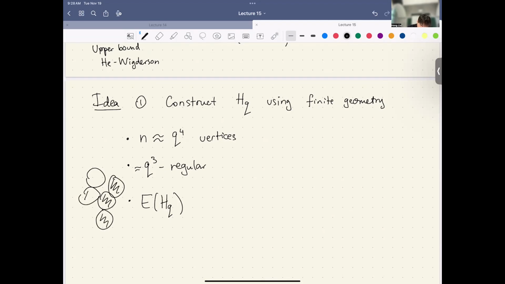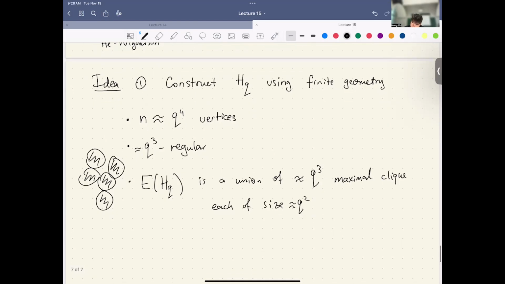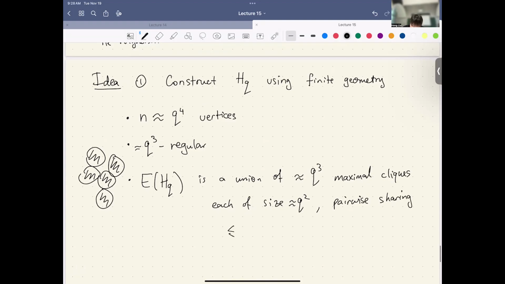The edge set is a union of roughly q cubed maximal cliques, each of size roughly q squared, and the cliques pairwise intersect in at most one vertex. So they are kind of tangent to each other, you see?